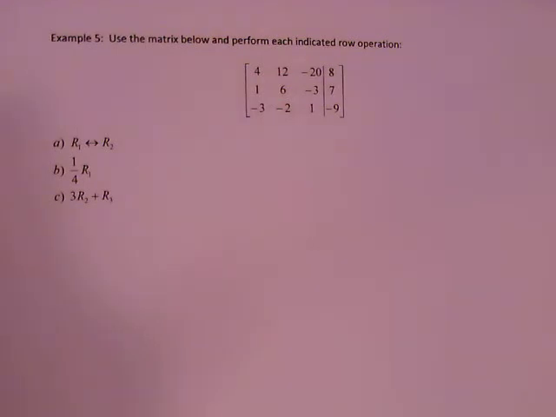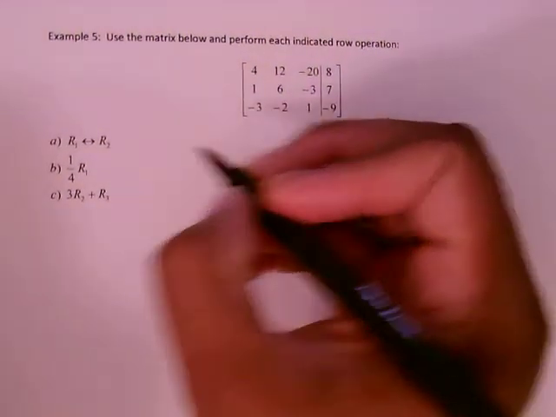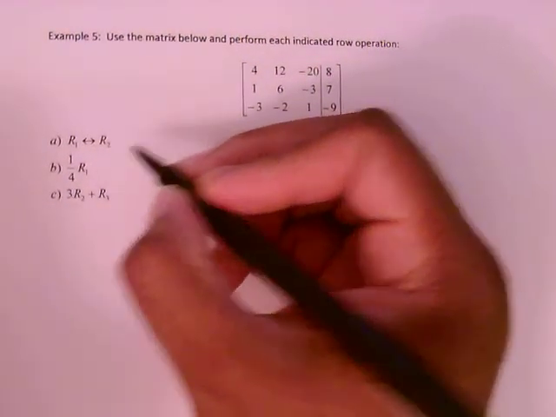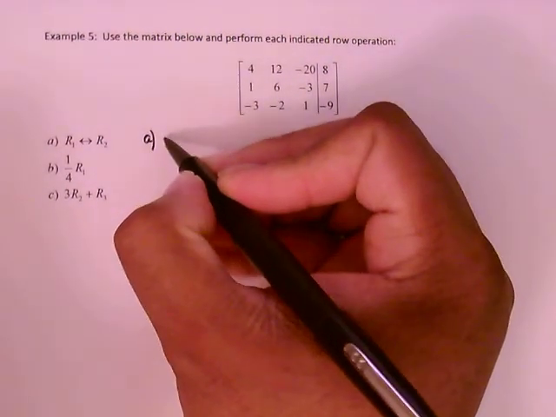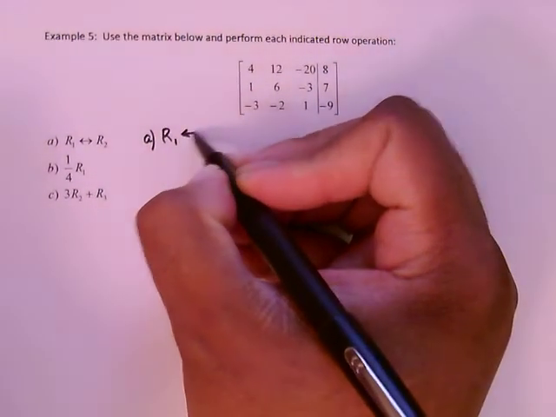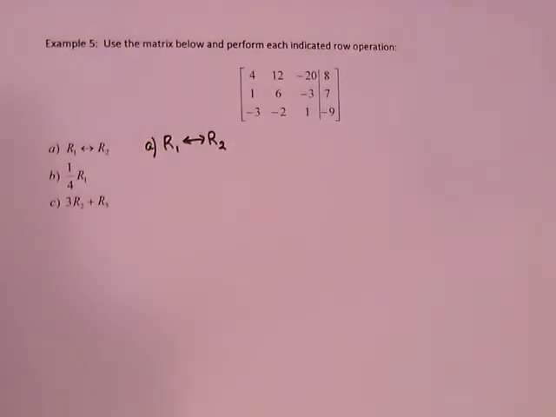In part A, we're going to do R1 and R2. Those arrows mean to interchange those rows. So we're going to interchange row 1 and row 2.